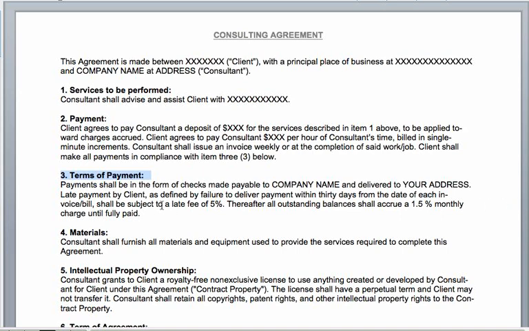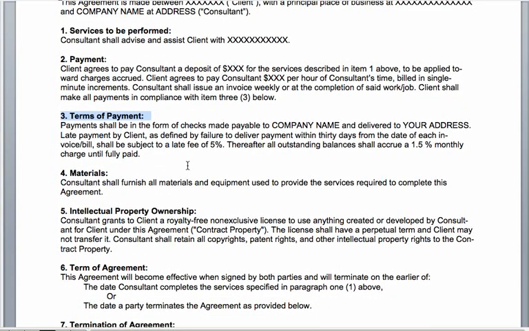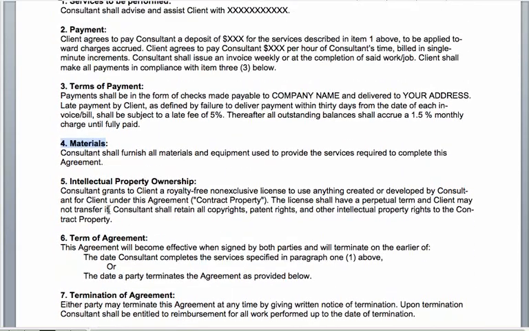That's just a suggestion, but absolutely do put late fees in and make them significant. Otherwise, your clients have no financial incentive to pay you on time. Materials. You can use this clause to specify who, whether it be you or your client, will provide materials for your work. So that's up to you and your client.